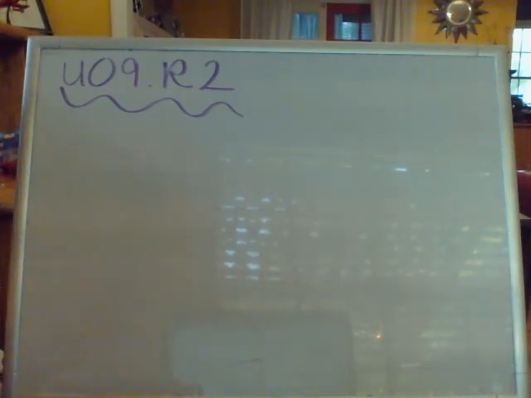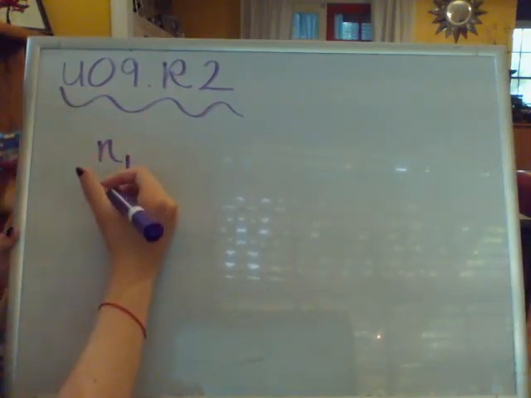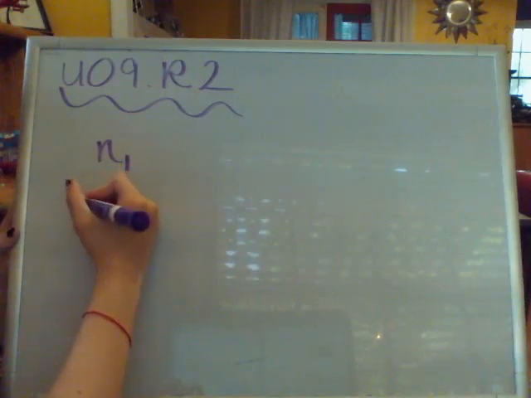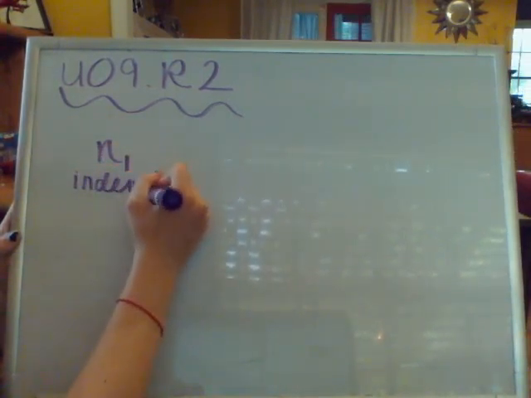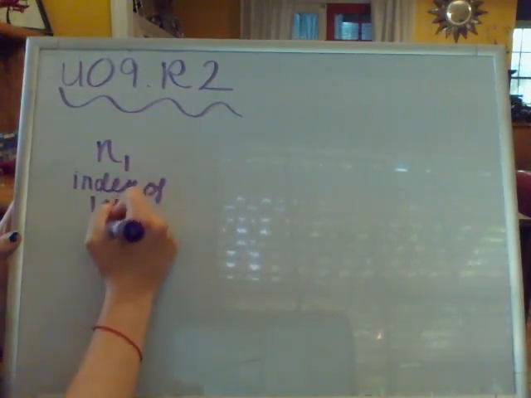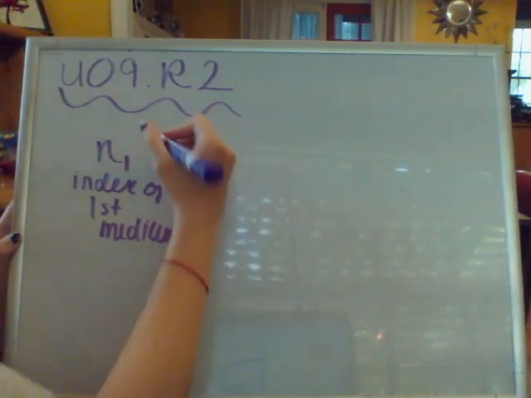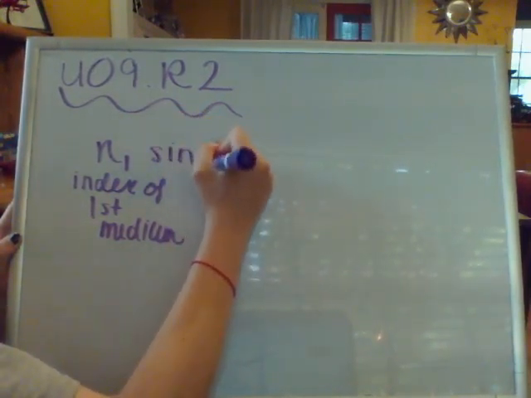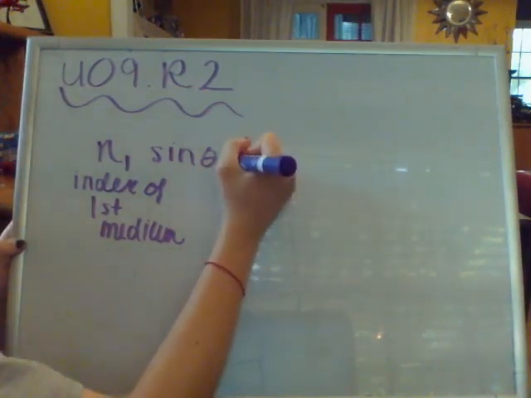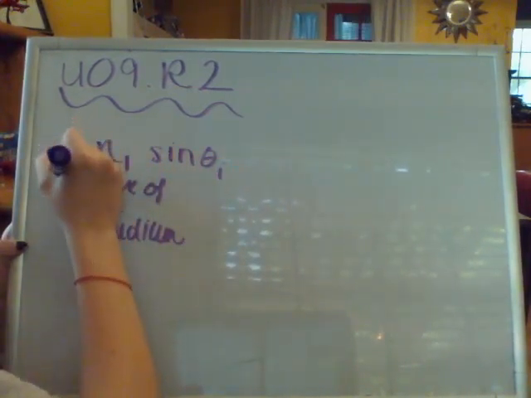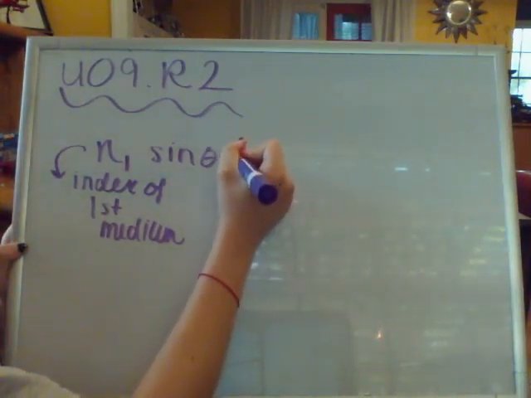So the formula for Snell's law is Ni, and this is going to be the index of refraction of the first medium, times the sine of theta I, and that's going to be the sine of the angle of incidence.